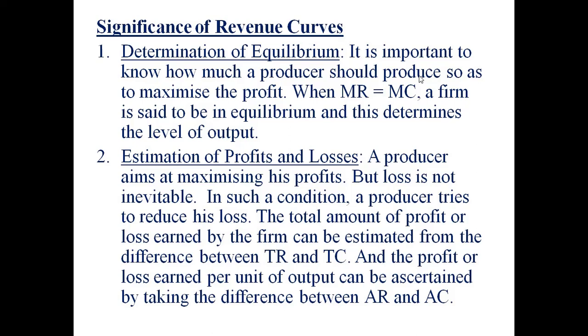And if the firm wants to ascertain the profit earned per unit of output, then they have to take the difference between AR and AC. Similarly, if AR is more than AC, there will be profit per unit of goods sold. But if AR is less than AC, they will incur loss per unit.